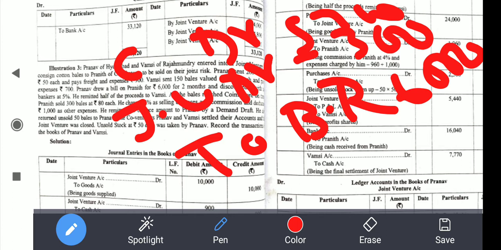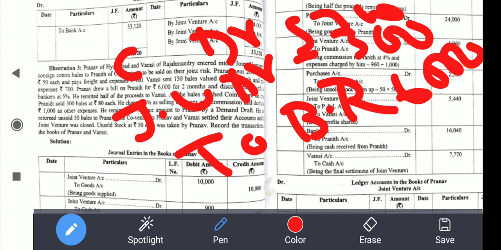Then he remitted half of the proceeds to Vamshi, before all the bills reached Coimbatore on time.